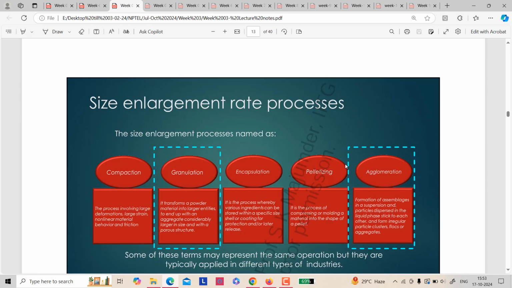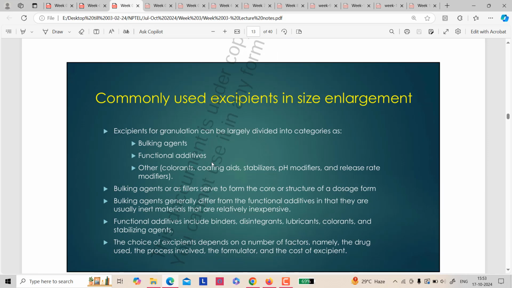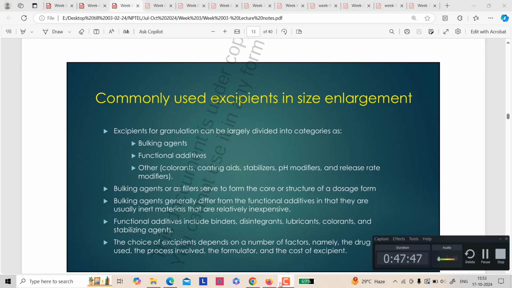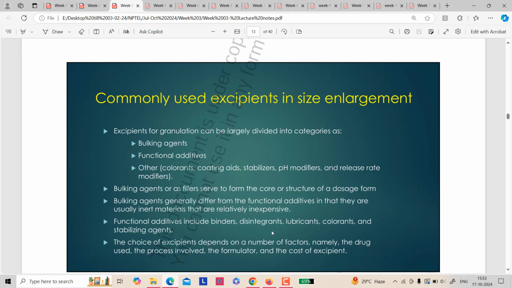Now the size enlargement rate processes. By compaction, granulation, encapsulation, pelletizing, and agglomeration, we can enlarge the particle size. Excipients for granulation can be largely divided into categories such as bulking agents, functional additives, and others.